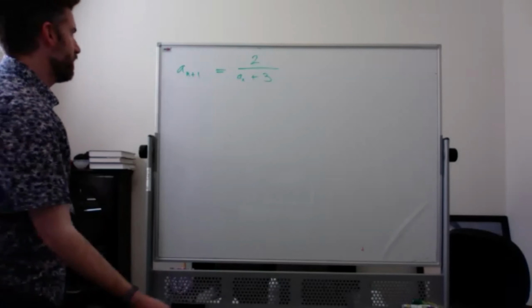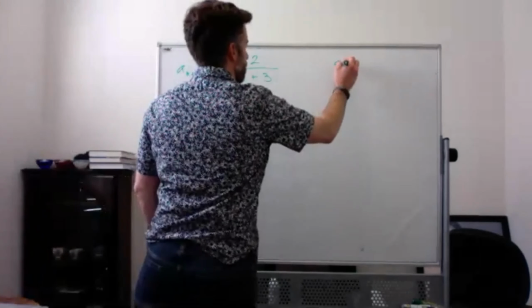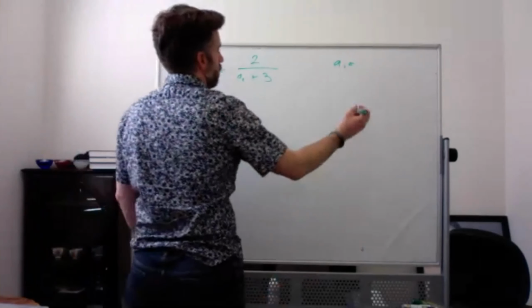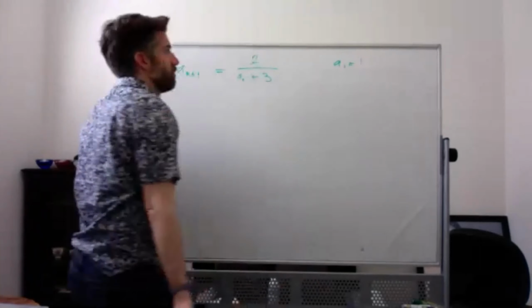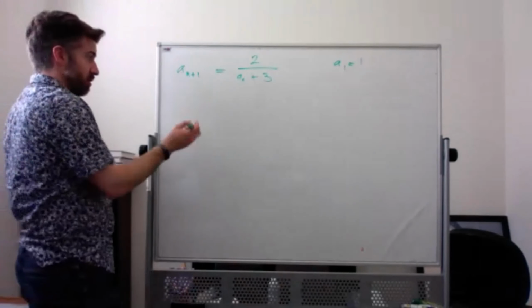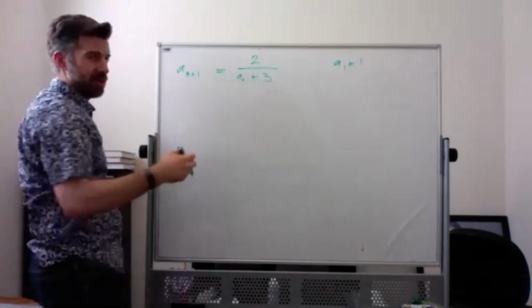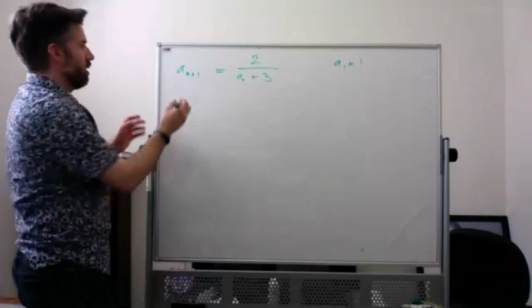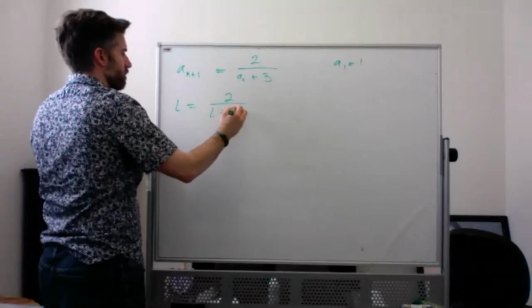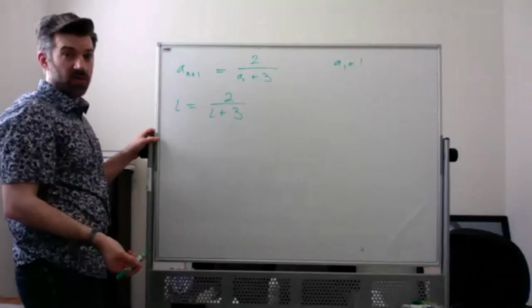And let's say a sub 1 is 1. Okay, so I'm going to replace each of these with L. I'm not going to do the whole taking the limit thing. I'm going to say, oh yeah, I know this is going to be L, that's going to be L. And then I'm going to solve for L.